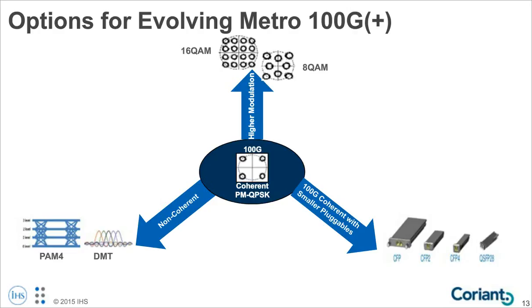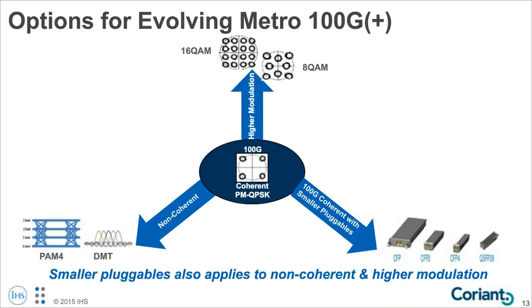And then the third direction is to get rid of the coherent, which is an expensive part of the solution, and look at non-coherent single or dual channel technologies based on modulation such as PAM4 and DMT. So those are the three key directions we can go. But it's worth pointing out that they're not mutually exclusive, particularly as the smaller pluggables can also apply to the non-coherent and to the higher modulation. So those are the options.